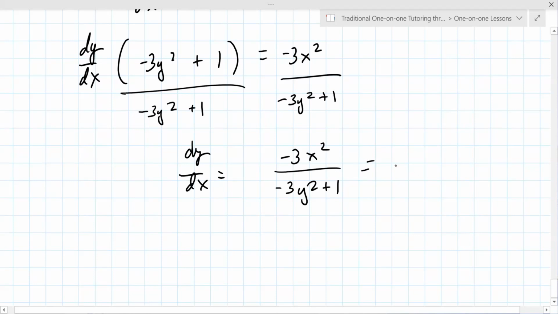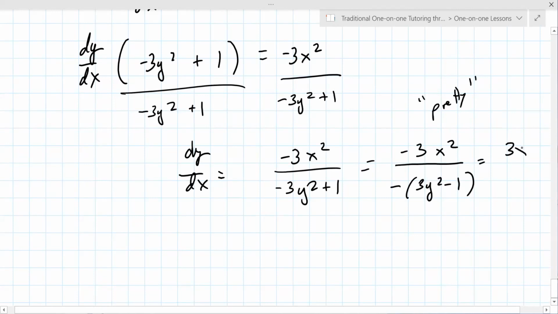What your instructor did is they factored out a negative on the bottom, and then they said that goes with the 1 on the top. So this is like making it pretty. There's a preference not to have negatives in the problems whenever possible. But we were still correct, right? Yes.